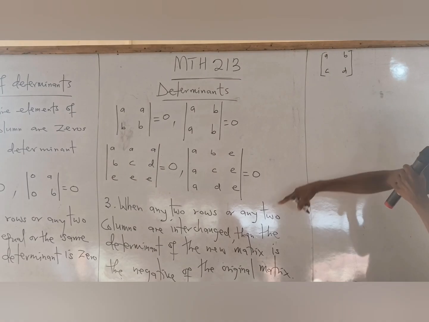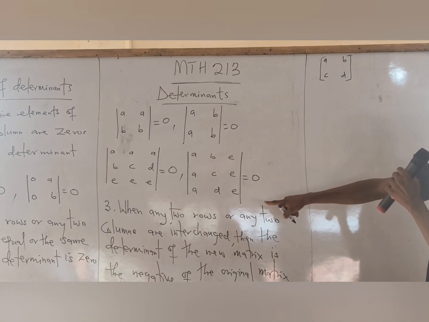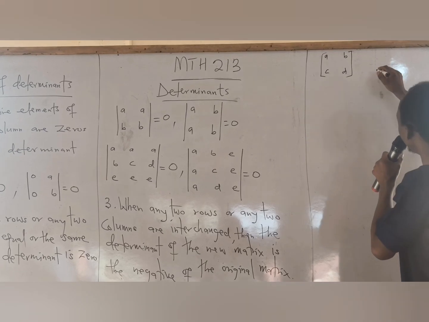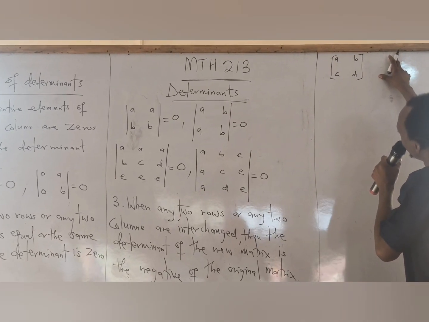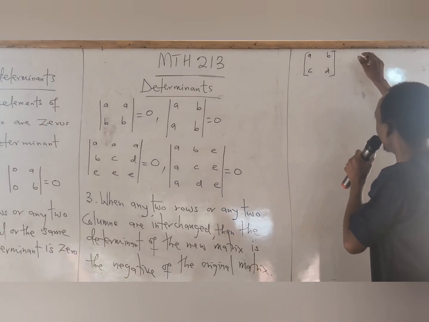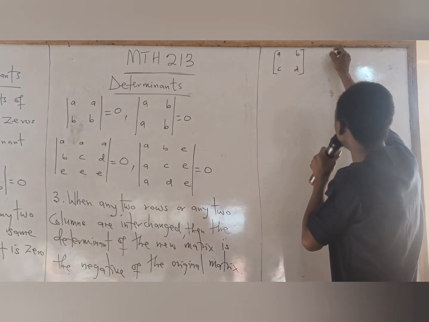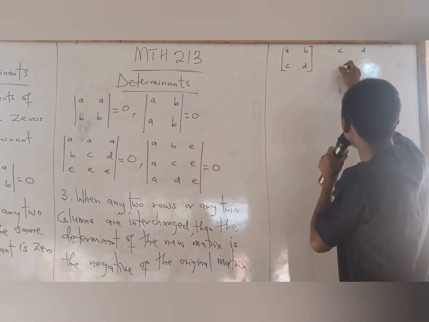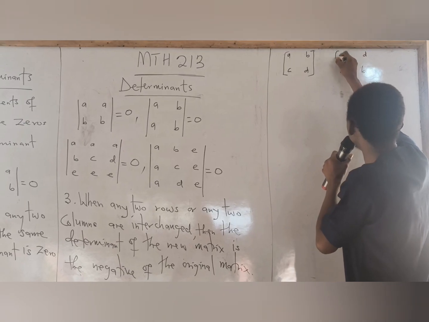When any two rows or two columns are interchanged, so let's interchange two rows and two columns. When we interchange, what do you get? Let's interchange rows first. C, D, A, B. Is that not it? Can you see?